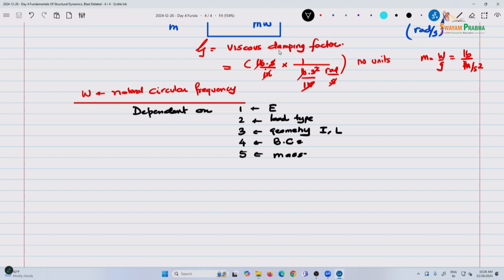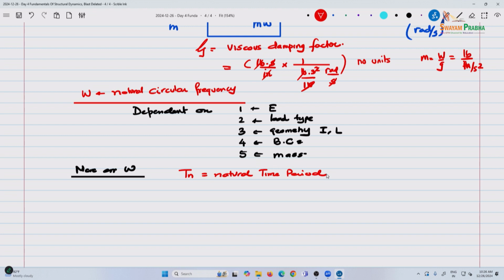So, more on omega, and this is from basic physics. We know that the natural time period, you can drop the word natural or include it. I tend to include it because there is also a damped time period and damped circular frequency.